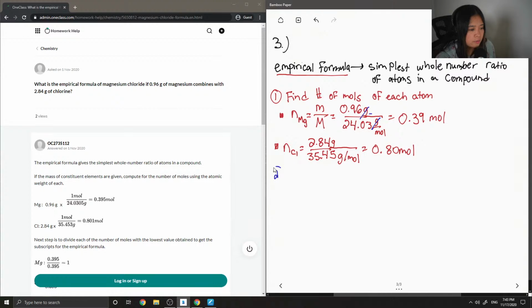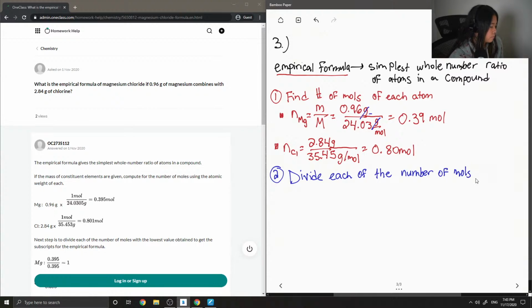So step 2 of the solution is to divide both mole values by the lowest number of moles. Okay, so I'm going to write out our formula.